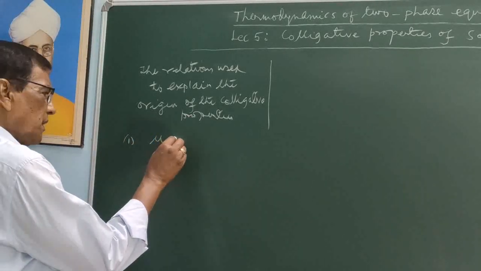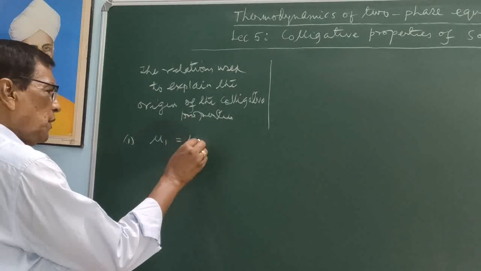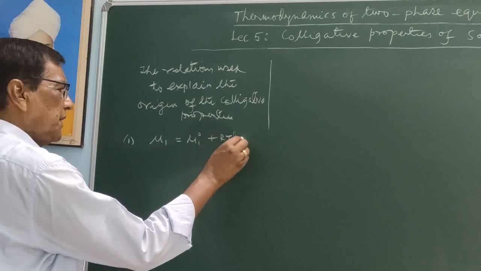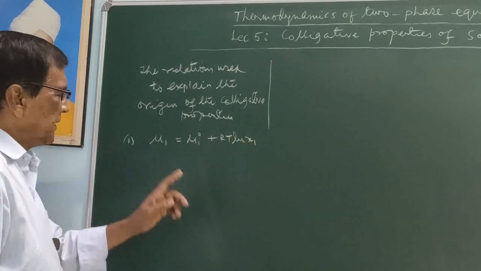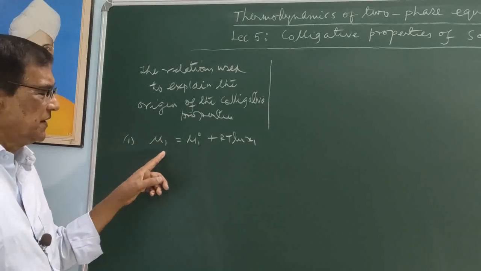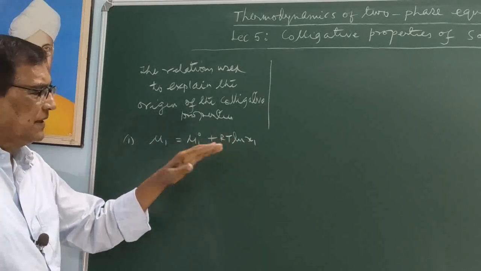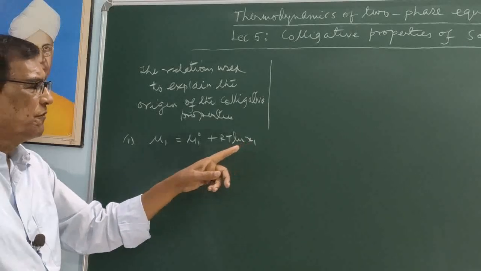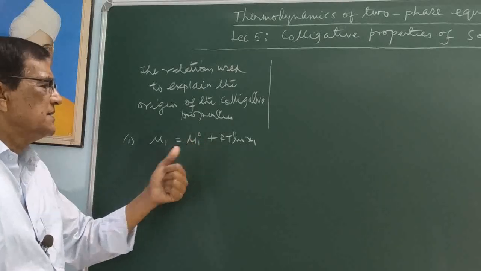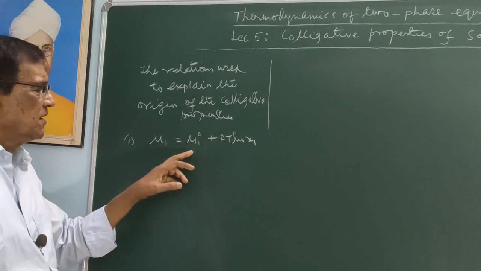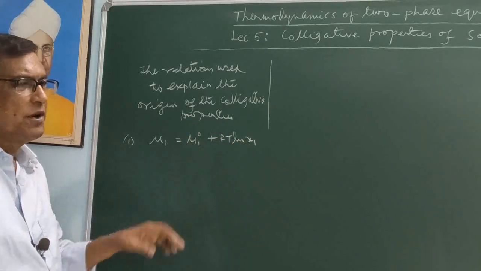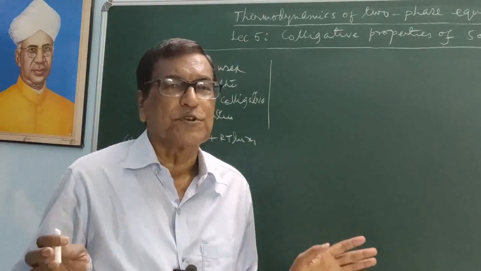Number one relation: mu1 equals mu1 naught plus RT ln x1. Here mu1 is the chemical potential of the solvent in a solution where the mole fraction of the solvent is x1, and mu1 naught is the chemical potential of the solvent whenever x1 equals 1, meaning the solvent is in a pure state.